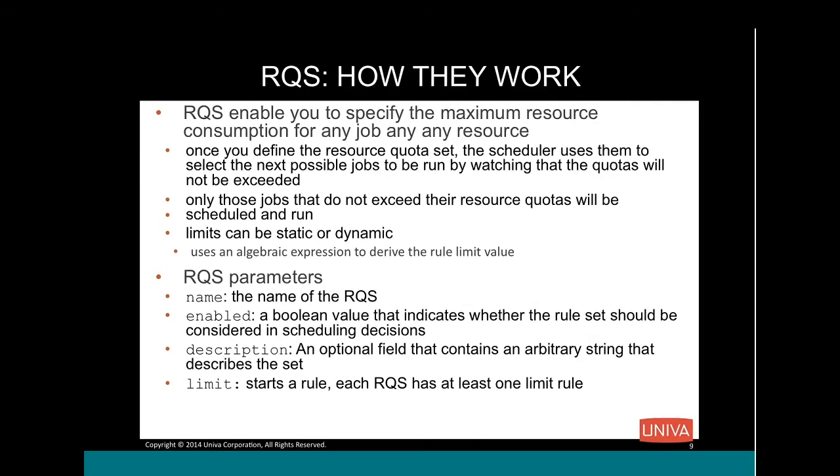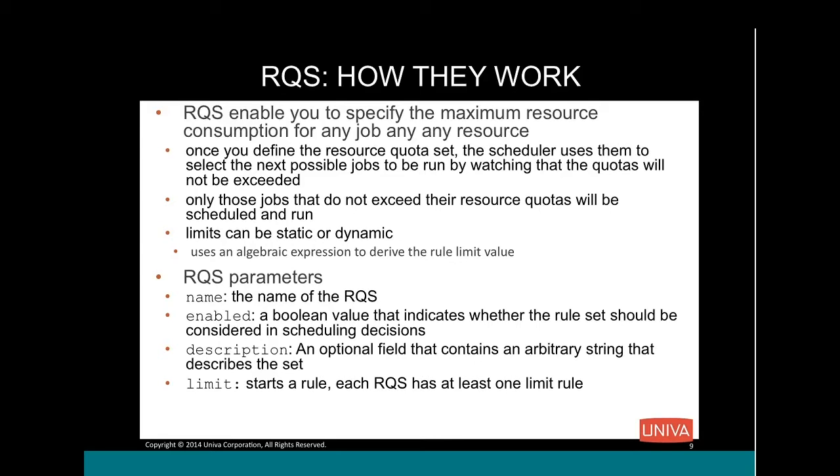So, as mentioned, resource quota sets give you the ability to set the maximum resource consumption for any job on any resource. Once you define the resource quota set, then the scheduler uses these resource quota sets to determine from the prioritized list of pending jobs if the next job at the highest priority in that list can be dispatched to run.